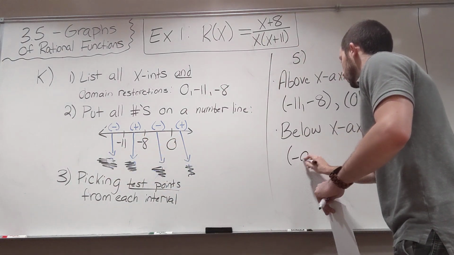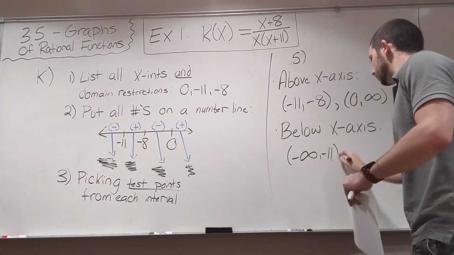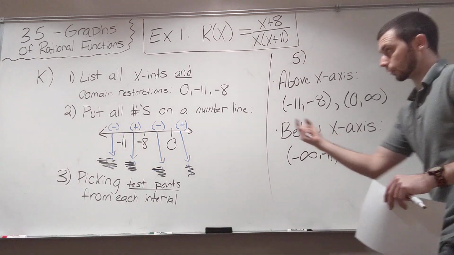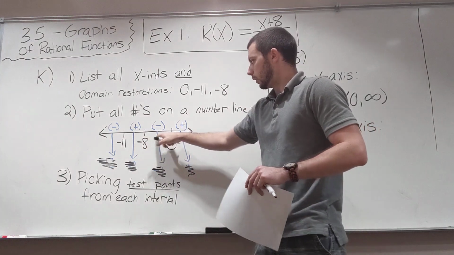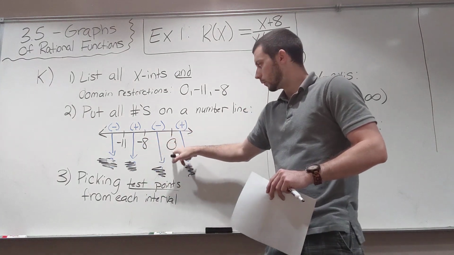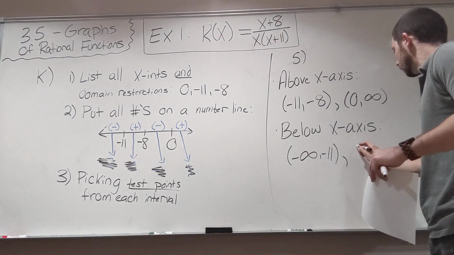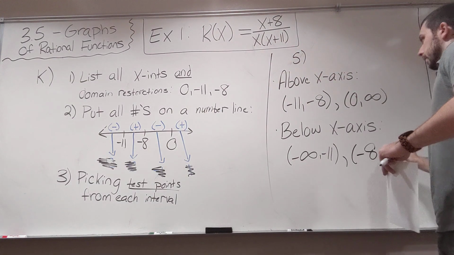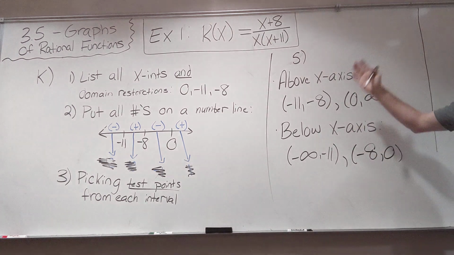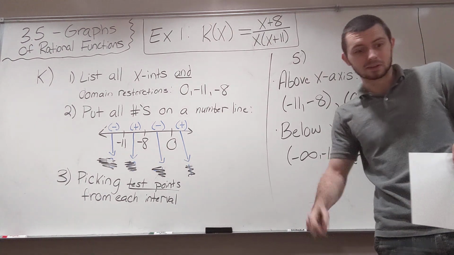So negative infinity to -11. And we use a comma because there is in fact another segment. This segment starts at -8 and ends at 0. And so that concludes part K.